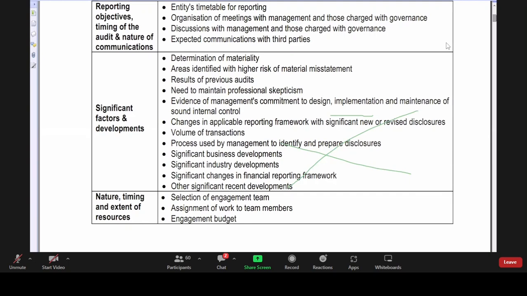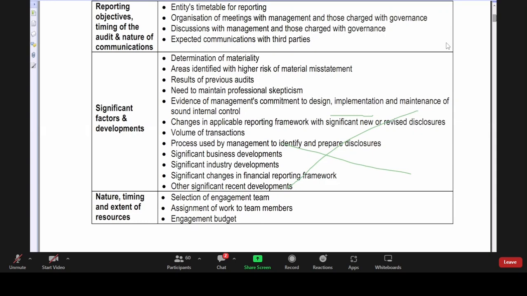The industry keeps on changing regulations, things that have come up within the business, like the emergence of COVID, any changes in the reporting framework, like the introduction of IFRS 9, IFRS 16 in 2019 and 2020, the understanding of the internal control system, your understanding of the high risk areas that are more vulnerable to misstatements, the volume of the transactions, because then that will help you come up with your materiality.